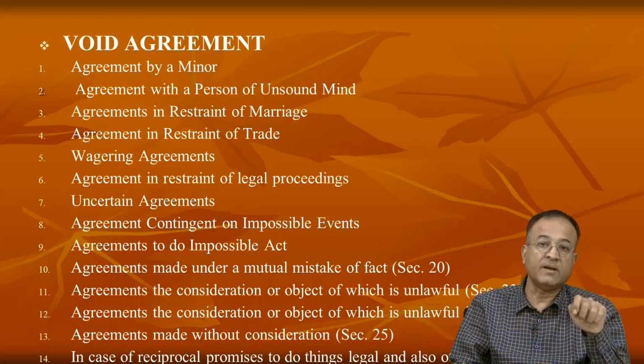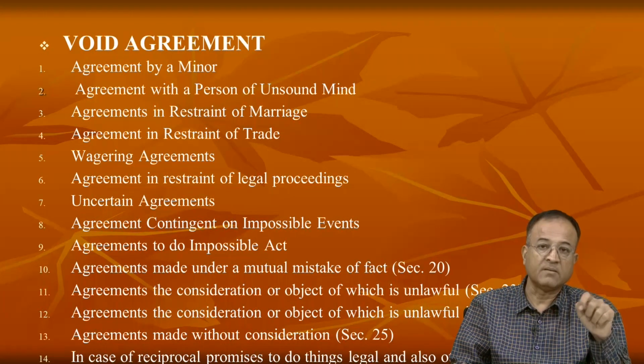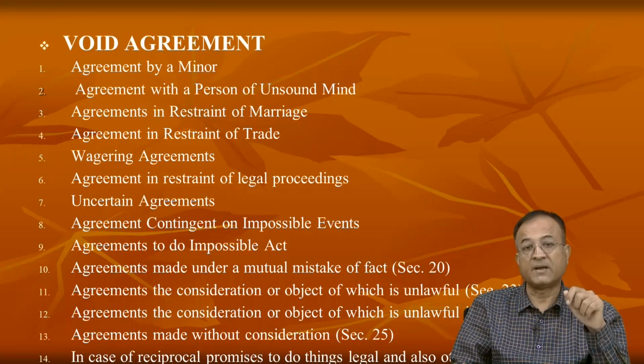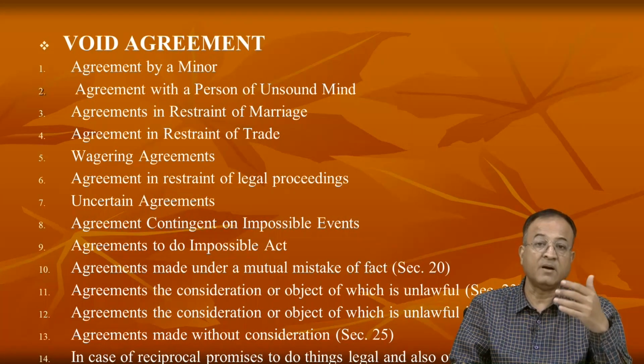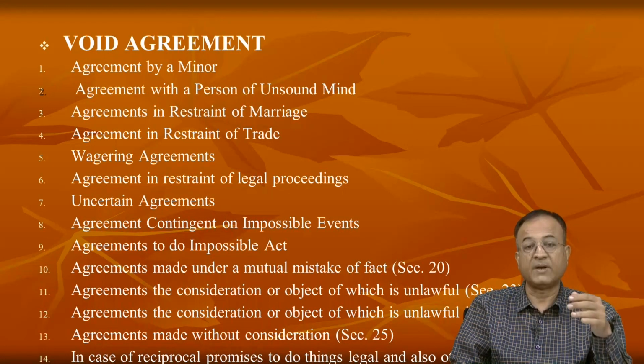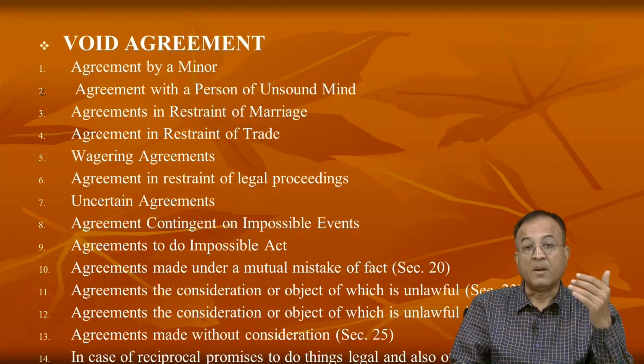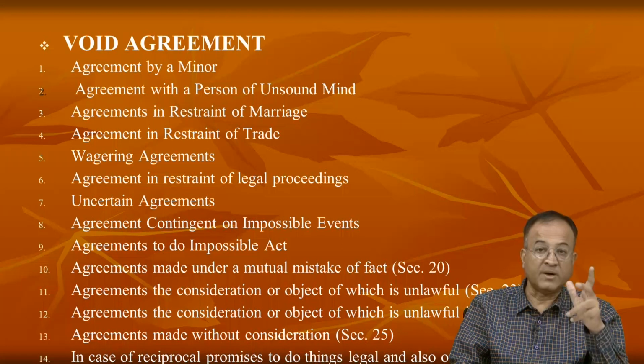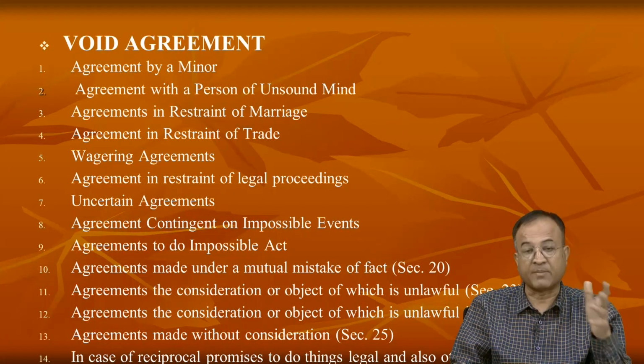Bilateral mistake is the real mistake. A bilateral mistake is one where both the parties are under mistake and the mistake relates to some material fact about the subject matter.